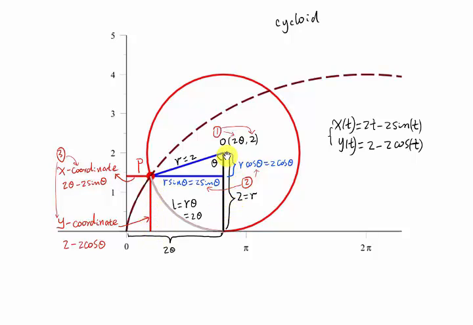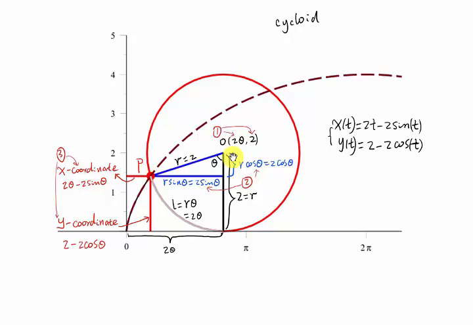Again, that will be the black radius 2, minus the short leg, 2 cosine theta. So 2 minus 2 cosine theta will be the y-coordinate of this P.